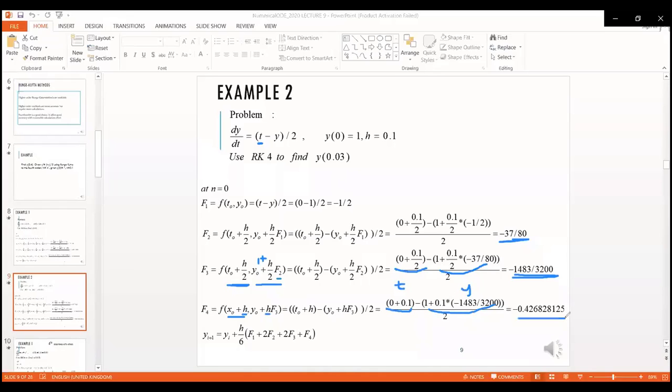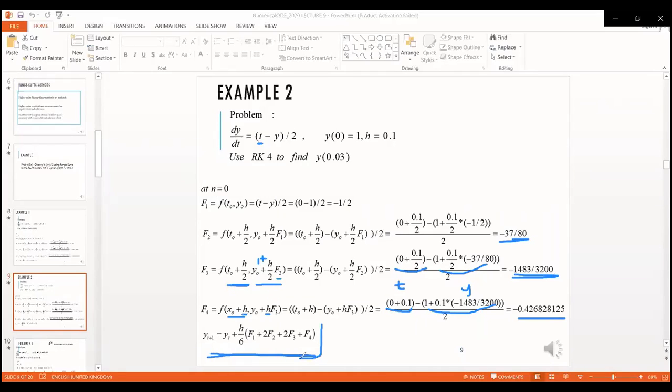Then once we have our F1, F2, F3, F4, we'll put them in the general equation, which is yi plus 1 equals yi plus h over 6, F1, F2, F3, F4. Now, if you look at it carefully, this Runge Kutta method is more or less a weighted averaging technique.